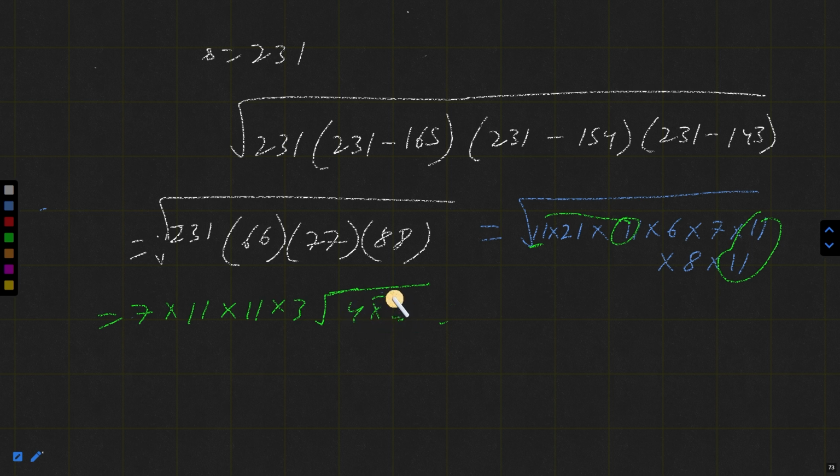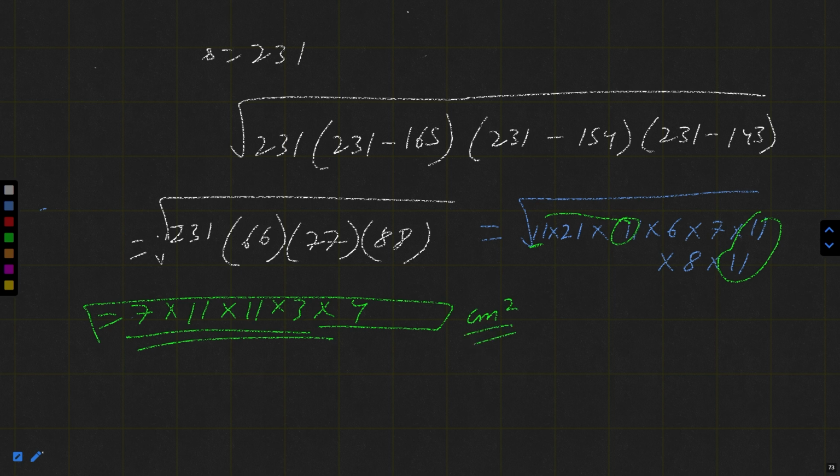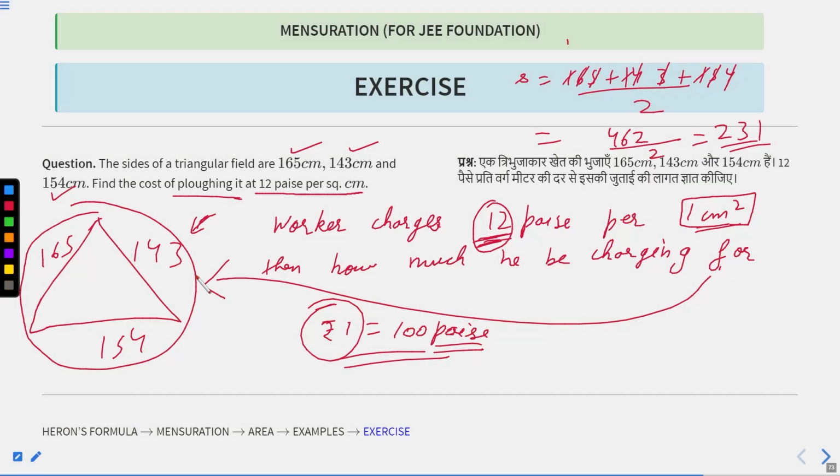So taking this 4 times 4 out, it will be just 4 outside. So this will be my final answer for the area, in centimeter square. I hope this is clear to you.